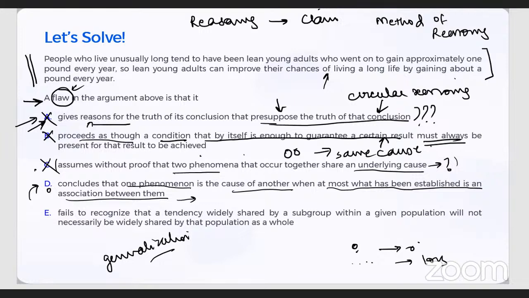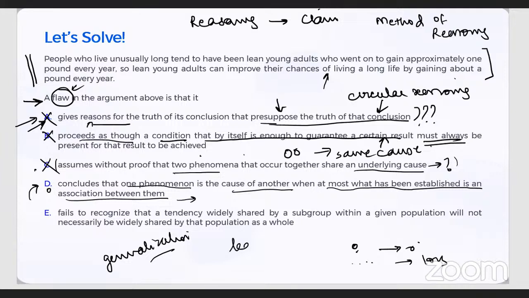Really looks good, especially after I saw C, I'm going to hold on to it. Option E is describing that the flaw is where the argument improperly generalizes from a small subgroup to the entire population. Now, this looks really tempting at first, but this is actually not what's happening over here. The argument is focusing specifically on lean young adults and their weight gain.